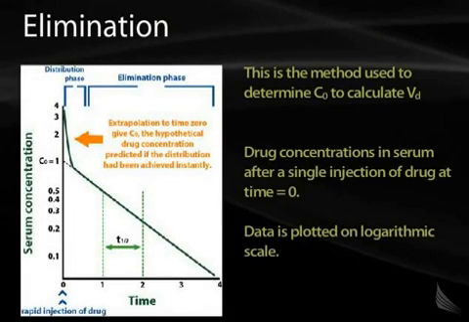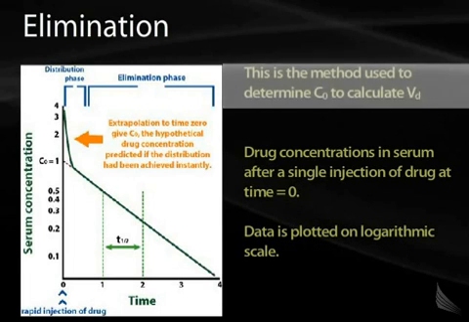Using this curve, we can extrapolate C0. C0 is very important to determine the volume of distribution. So looking at a curve like this, you take the elimination curve and extrapolate it onto the y-axis.